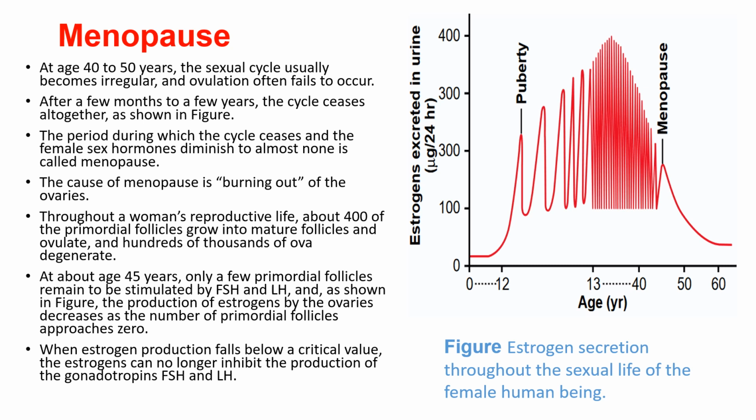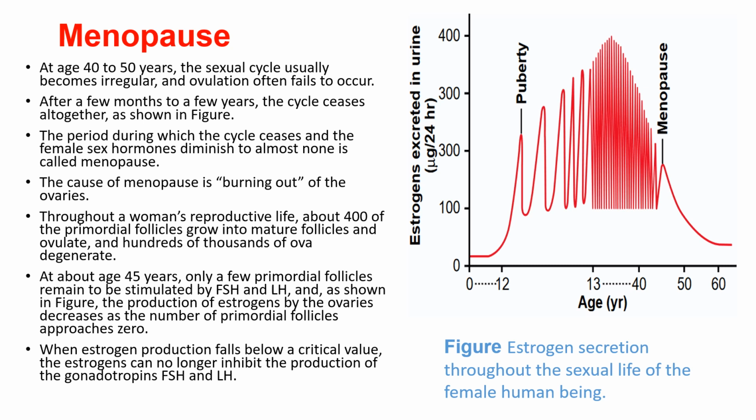Menopause. At age 40 to 50 years, the sexual cycle usually becomes irregular, and ovulation often fails to occur. After a few months to a few years, the cycle ceases altogether, as shown in figure. The period during which the cycle ceases and the female sex hormones diminish to almost none is called menopause. The cause of menopause is burning out of the ovaries. Throughout a woman's reproductive life, about 400 of the primordial follicles grow into mature follicles and ovulate, and hundreds of thousands of ova degenerate.